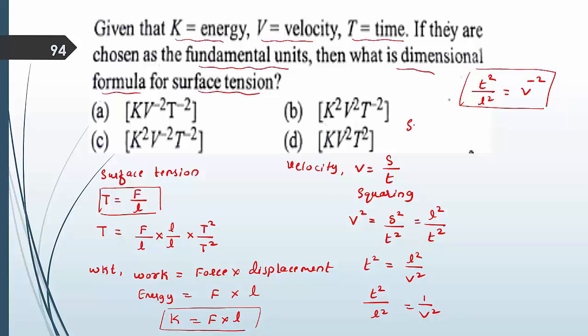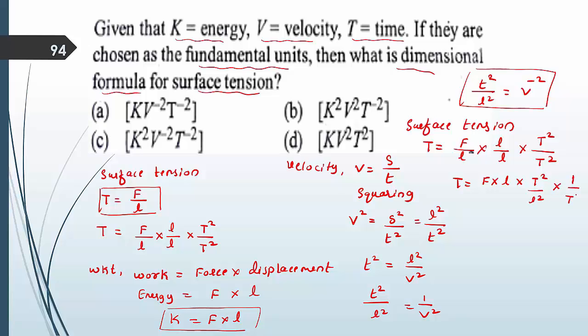Now come to the surface tension equation. So what we wrote here? Surface tension T equal to, we wrote F divided by L into L divided by L into T square divided by T square. I am going to modify it. T equal to F into L into T square divided by L square into 1 by T square. Observe the above equation, both are same here.